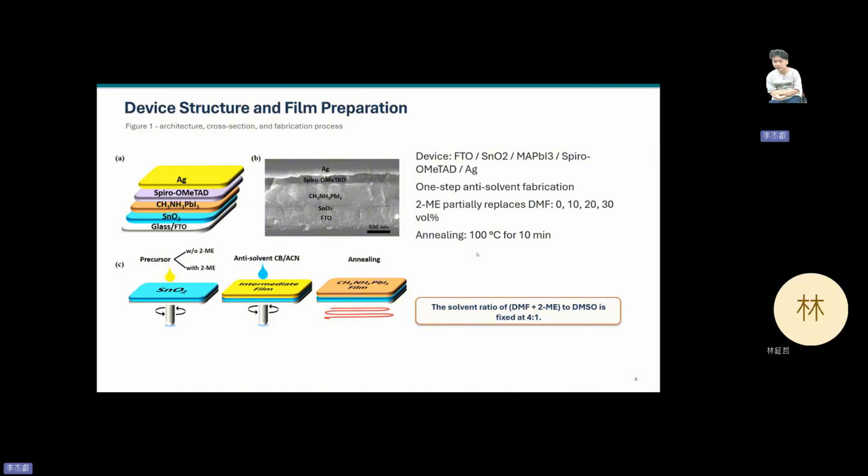And after spin coating, they drop an anti-solvent mixture onto the film. Then the film was annealed at 100 degrees Celsius for 10 minutes. And the cross-section SEM image shows that the device layers are clean and well formed.